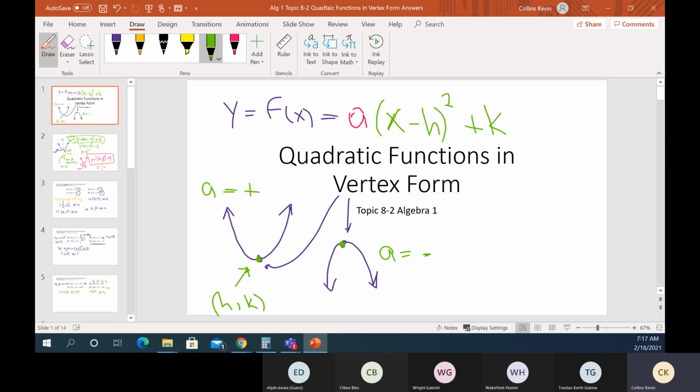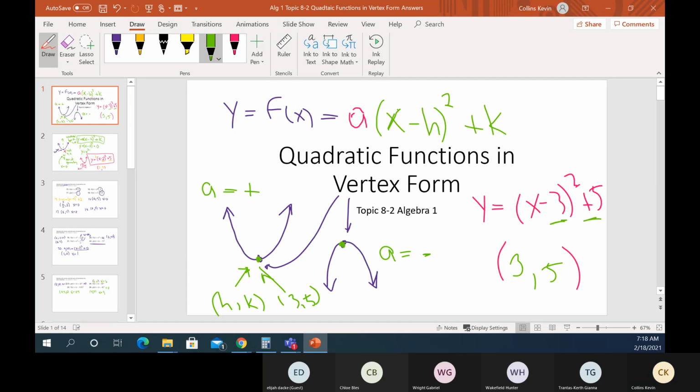For example, if I had y equals x minus 3 squared plus 5, and they ask you for the vertex, here's all you have to do. You switch the sign on this guy, so instead of minus 3, he's positive 3, and you leave this guy alone. There's your vertex, 3, 5.